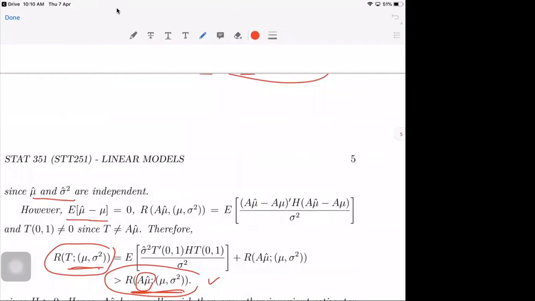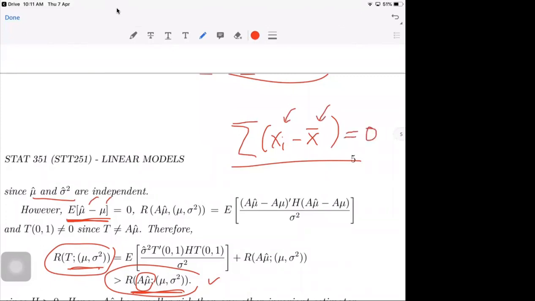And you know in general that the expectation of mu hat minus mu will be equal to 0. That is similar to the concept that the summation of xi minus x bar is equal to 0. No? So your estimators, mu hat minus the general mean, you know that this is equal to 0, no?